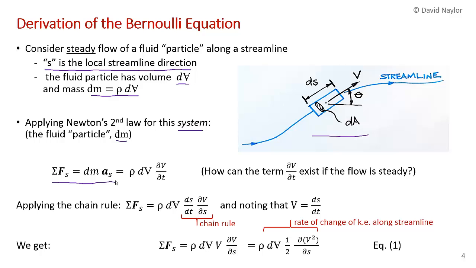I've made the little substitution here that dm equals rho dV, and for acceleration I've just expressed it as dV/dt. Now you might wonder, and we'll stop here for a moment and just talk about this, how can the term dV/dt exist in a steady flow? Because in a steady flow, you wouldn't expect any changes with time. I'll let you think about that for a moment.